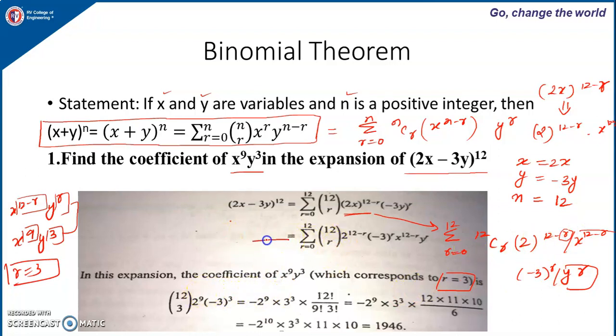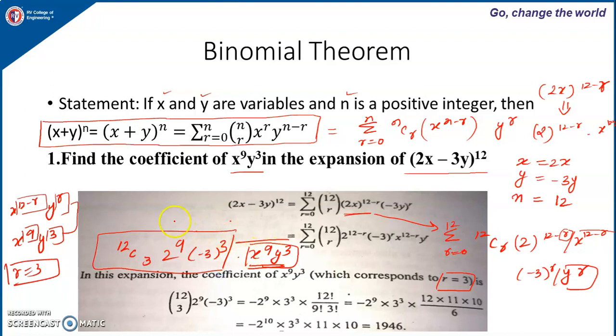So here after this I can write 12C3 and 2^(12-3), which is 2^9, (-3)^3, and then x^(12-3), which means x^9 y^3. We have to find the coefficient of x^9 y^3. That means the coefficient will be the term associated with this.